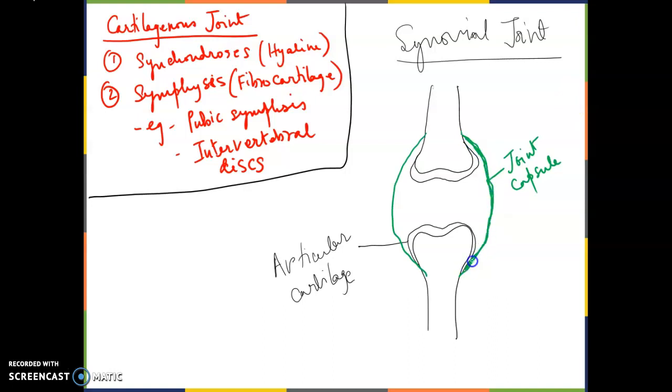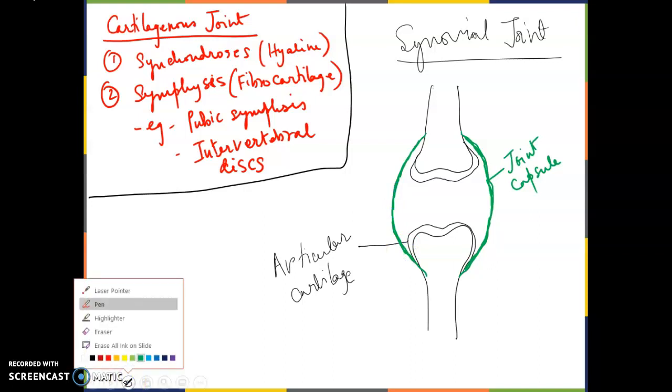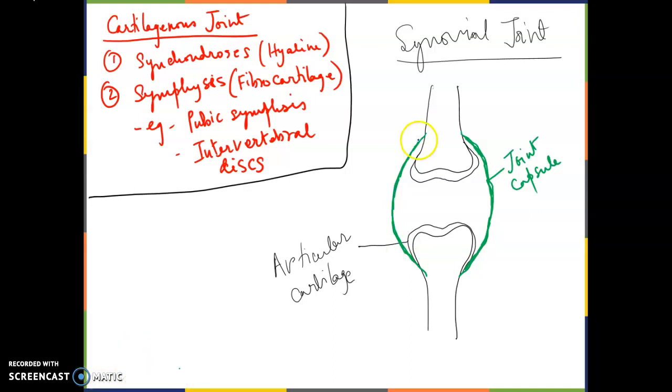Now deep to the joint capsule, there is a membrane called synovial membrane. Let me draw that out. In blue, I'm drawing this. So this is synovial membrane. Right here. There is no gap between the joint capsule and synovial membrane. They're pretty much sticking to each other.